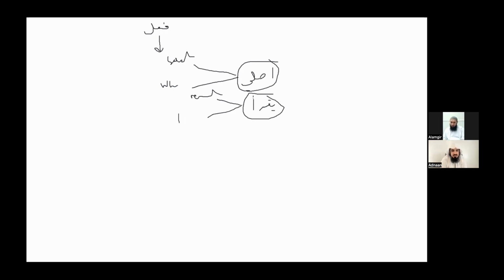So now this is going to be very simple. So when you're speaking about verbs, right? You've got the action, which is called the fi'l. You've got the person doing it, he's called the fa'il. Fa'il means the doer, okay? And take this as a golden rule. Your fa'il always has a dhamma.